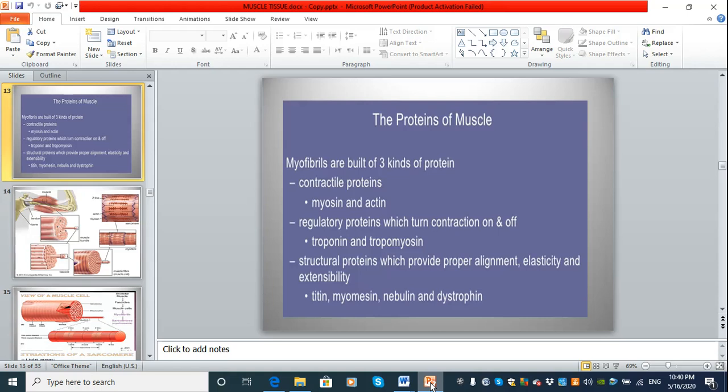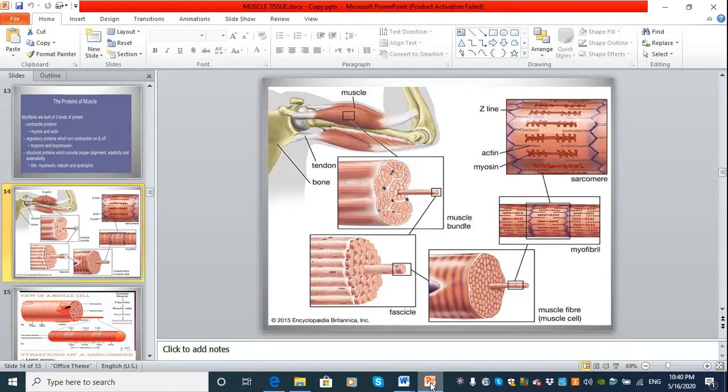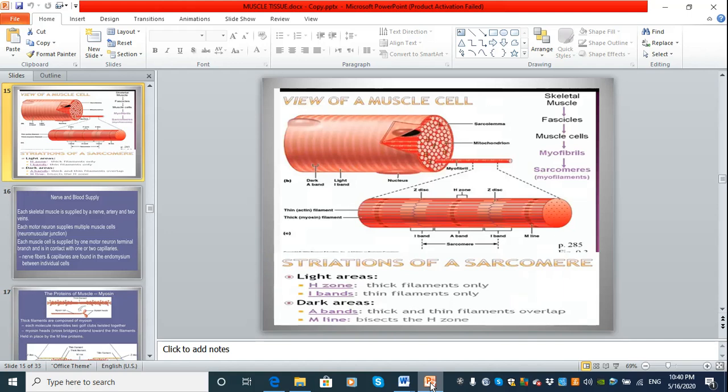The three types of proteins: give me one example of each protein. For example, if you say contractile protein, give me myosin or actin. If you say regulatory protein, give me one, troponin or tropomyosin, and so on. This is only for knowledge. You need to know the light areas and the dark areas.